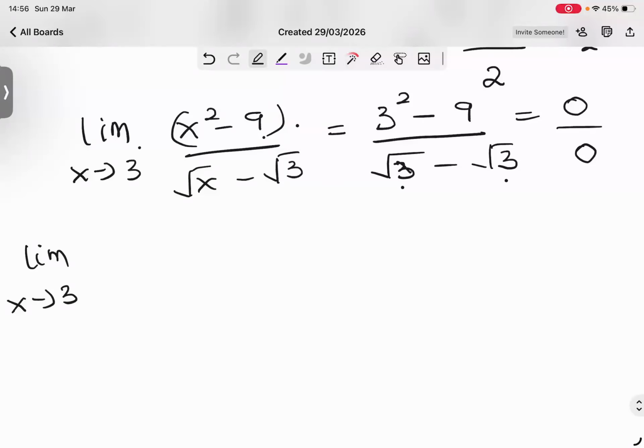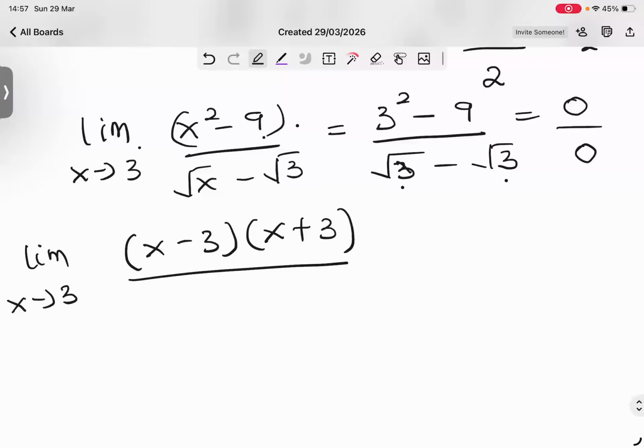So from the top, I need to perform factorization. And the factors of x squared minus 9 are x minus 3 and x plus 3, divided by my denominator, square root of x minus square root of 3.